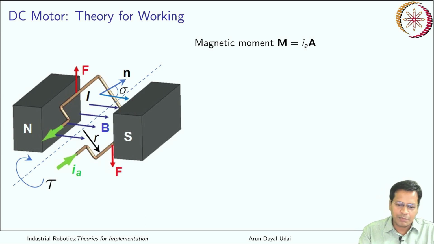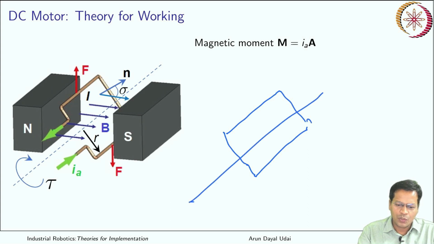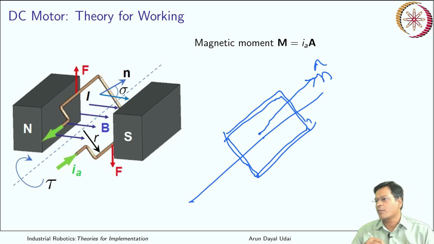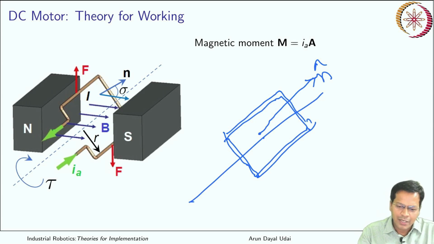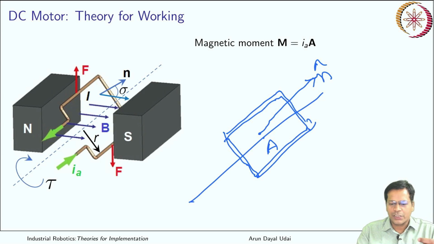If you see an area which is inclined like this, this is your axis. Perpendicular to the plane of this area you have a normal that comes out of it. That is your area vector, the vector which is perpendicular. The area vector is the magnitude of this area times the vector which is here. So that is your A.